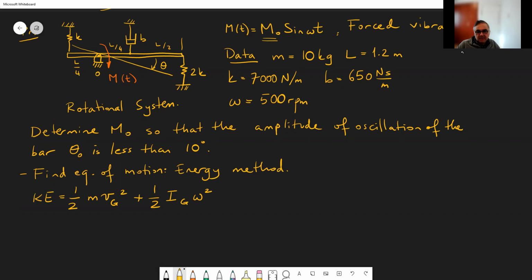Okay. Now, our bar is like this. It is hinged at 1/4 of its length, and the G point, the mass center, is in the middle, and the distance is L over 4, as you see. If it's rotating with omega, omega, as you know, is theta dot, by the way.